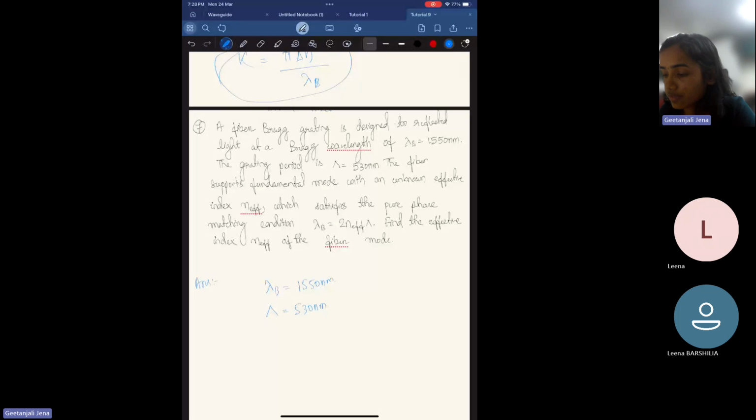The fiber supports a fundamental mode with an unknown effective index n effective, which satisfies the pure phase matching condition, that is gamma is 0 here. Then find out what is the effective index of the fiber mode, that is n effective. Calculate it and let me know the answer.